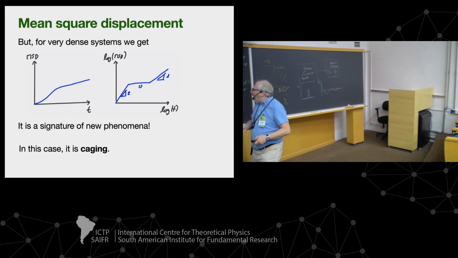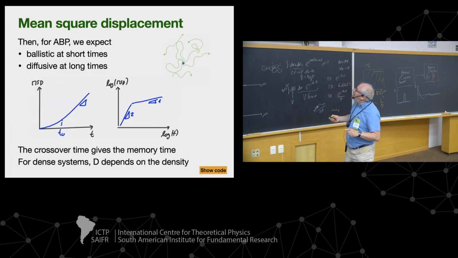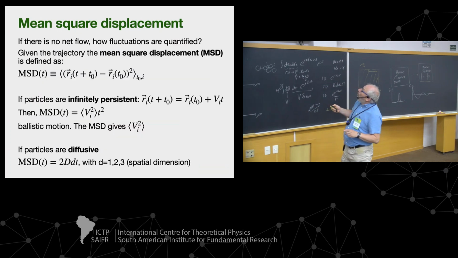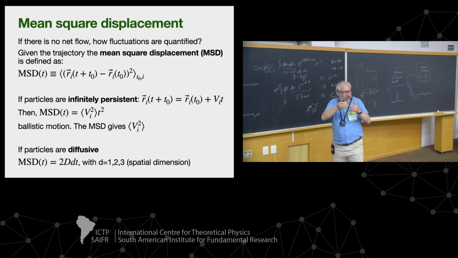Caging means that the system is so crowded that the particle moves ballistically, but then remember that the MSD is the average from an initial condition to a farthest time step. So it's from any initial condition. Normally, if you look at a short time, the particle is going to move.